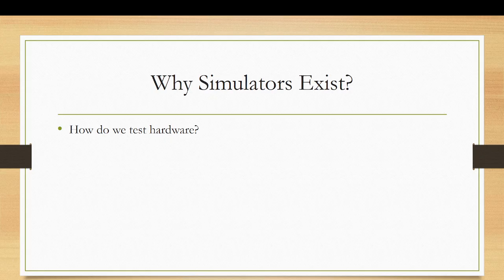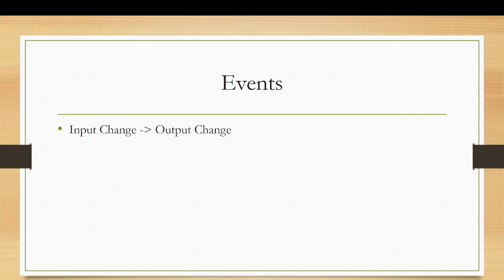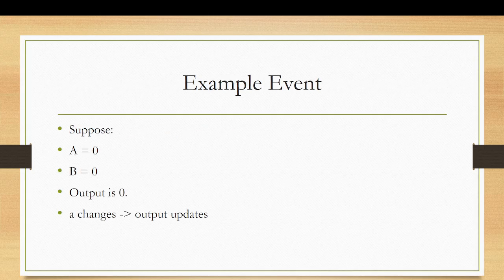The answer lies in something called events. An event is simply a change. Input changes, output changes, clock changes, reset changes, something changes. And when something changes, the simulator wakes up and reacts. That's the key idea. Let's take an example.